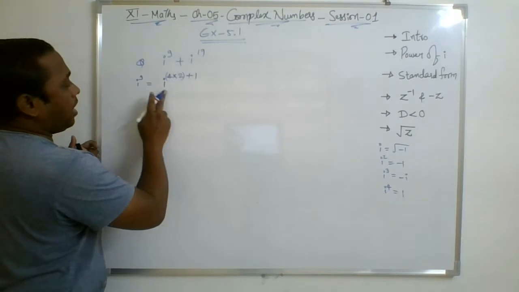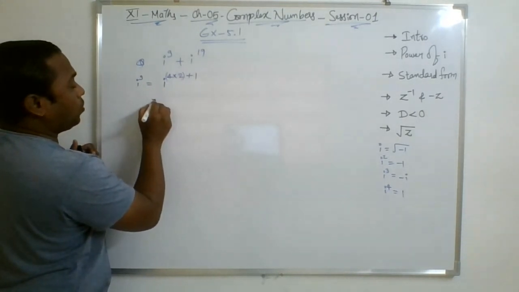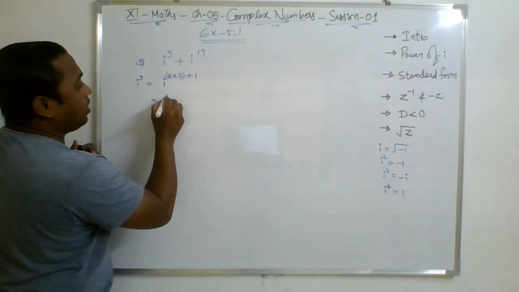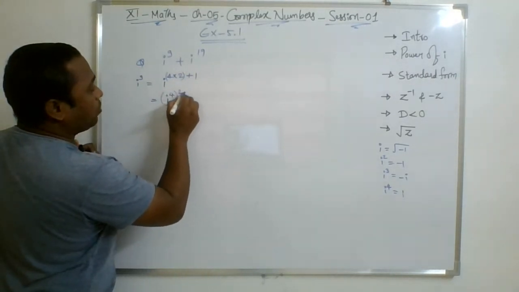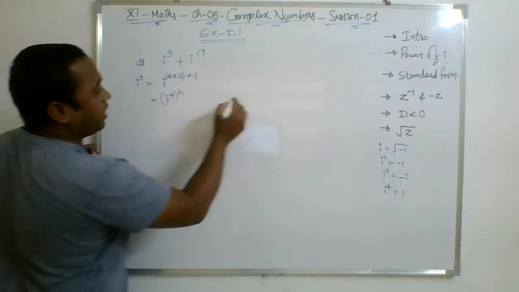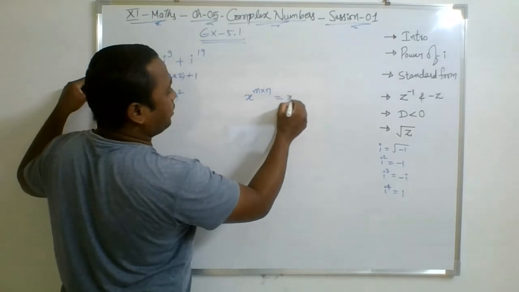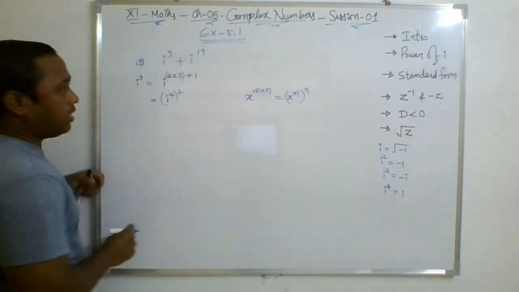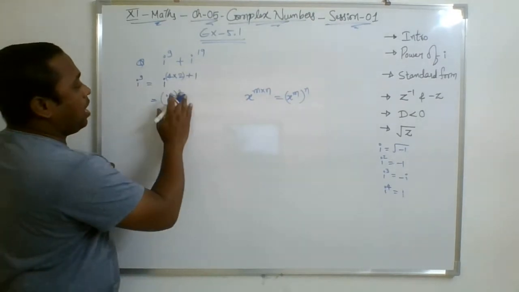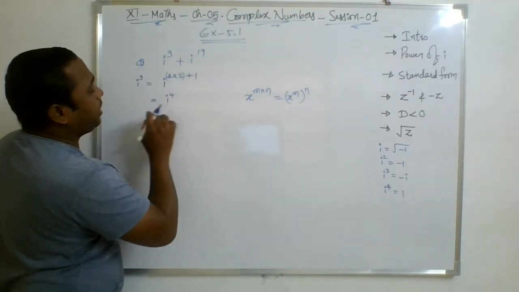So i power 9 means i power 4 times 2 plus 1. Then I can write it as i power 4 whole square, because x to the power of m into n means x to the power of m whole to the power of n. In this manner I can write. Otherwise, you may also add one step here.